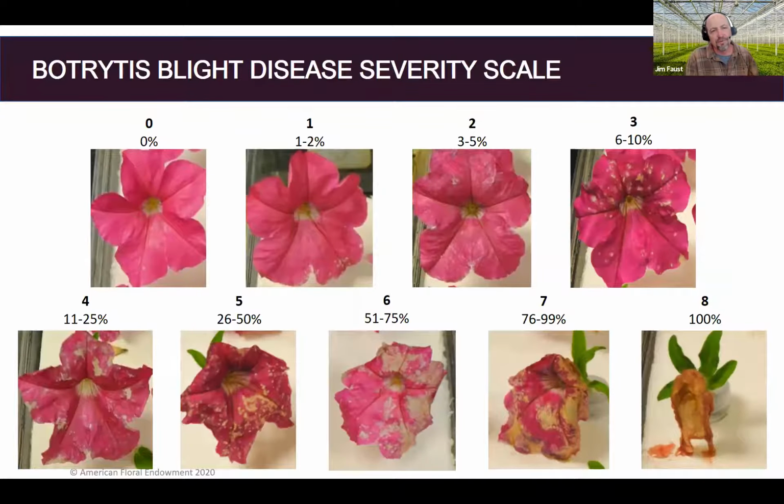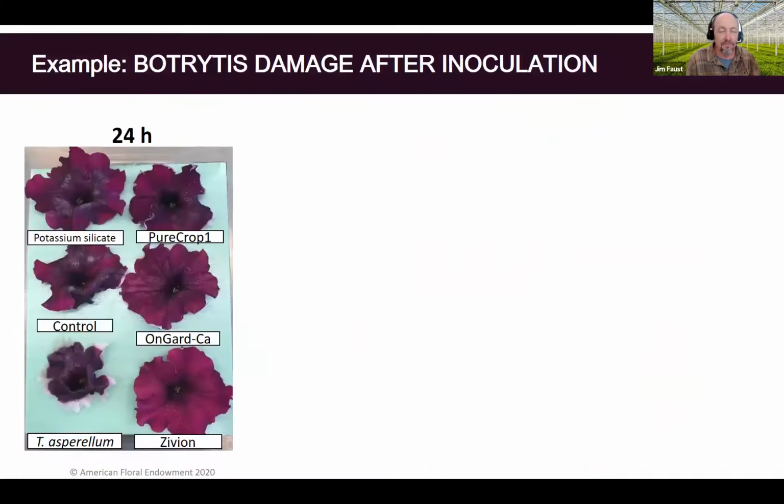So this is our simple Botrytis blight disease severity scale. As the Botrytis grows on the flowers, we have a ranking that we can use to quantify disease infection. And just to give you an example of the data that we're collecting and what these plants look like, we put 6 flowers in each of the tubs, and they're a combination of 6 different treatments.